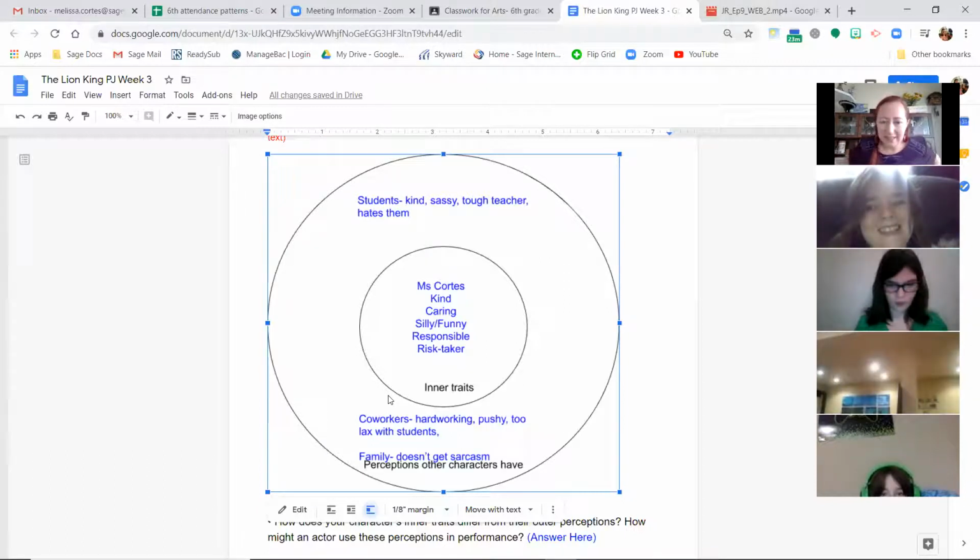What she thinks is responsible or kind or caring, other people might see as sassy or tough. She thinks she's funny, but her family thinks that she doesn't get sarcasm.